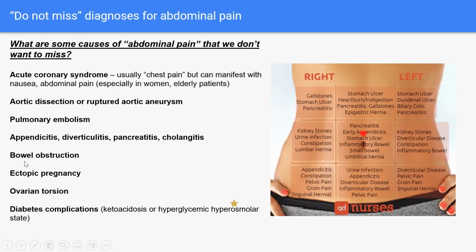So ectopic pregnancy, does anybody know what that means? I believe the fetus has died in pregnancy outside the uterus. Yeah, great, awesome.